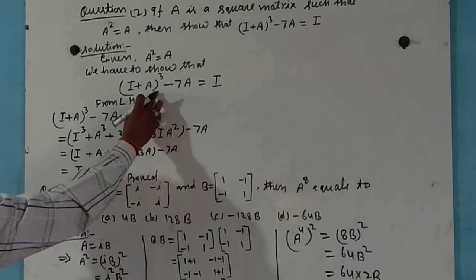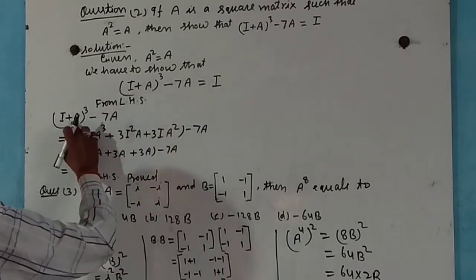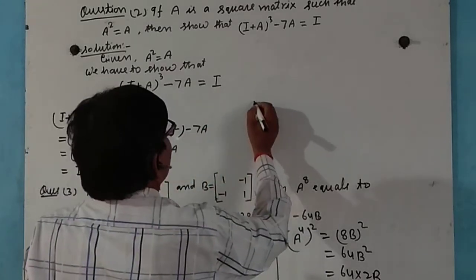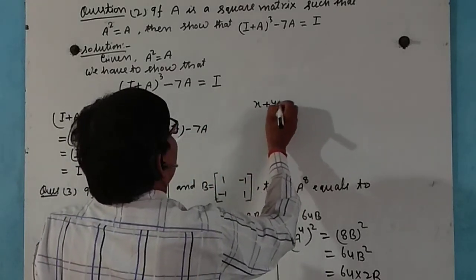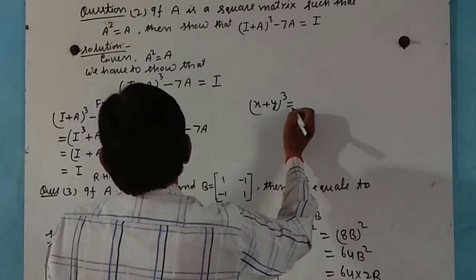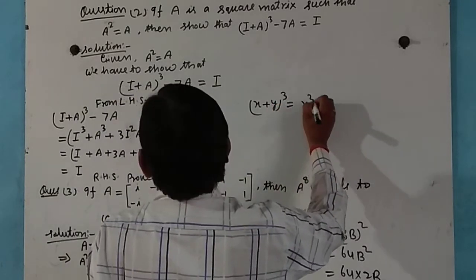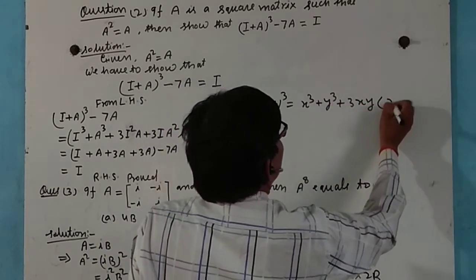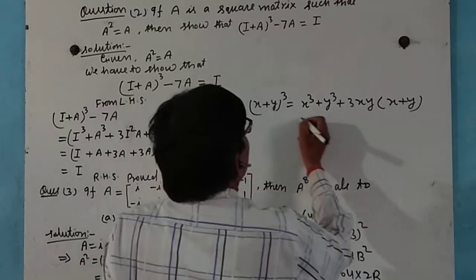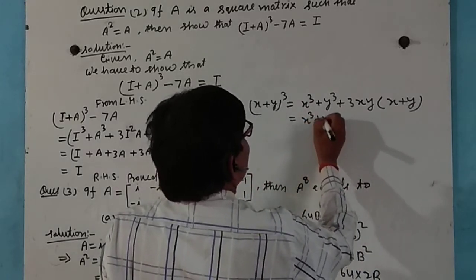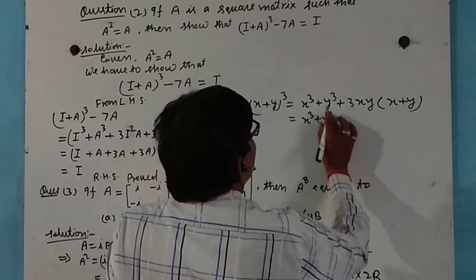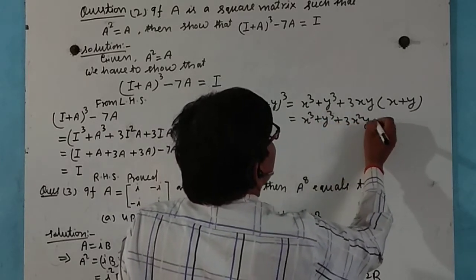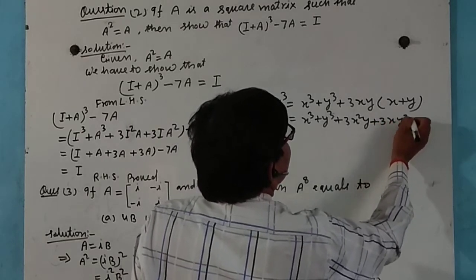Now from the left hand side, (I plus A) cubed minus 7A. As we know, (x plus y) cubed equals x cubed plus y cubed plus 3xy times (x plus y), and it can be written as x cubed plus y cubed plus 3x squared y plus 3xy squared.